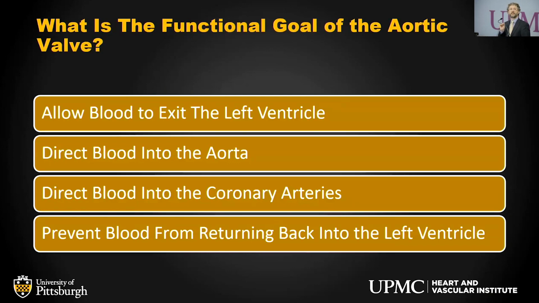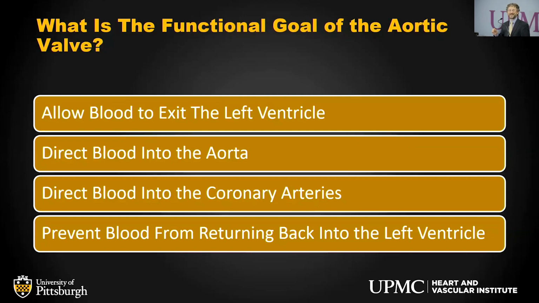While we start off the talk, I want to take a minute and think for a moment about the functional goal of the aortic valve. To break it down, number one, we need to allow the left ventricle to push blood out. Two, direct that blood into the center of the aorta.